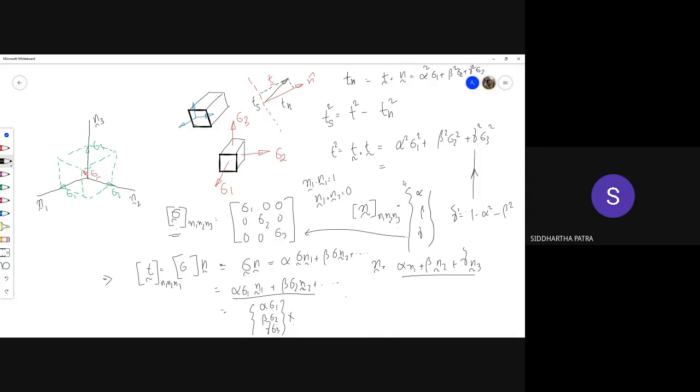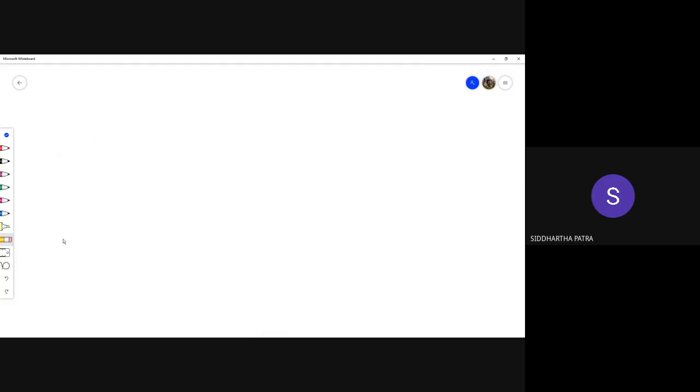Now, can you write down the expression for TS squared?